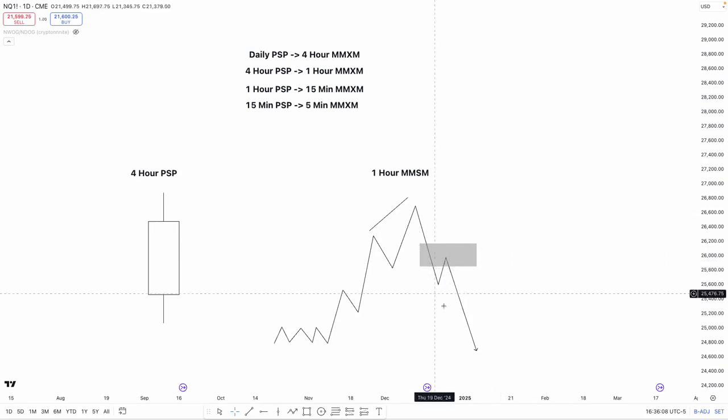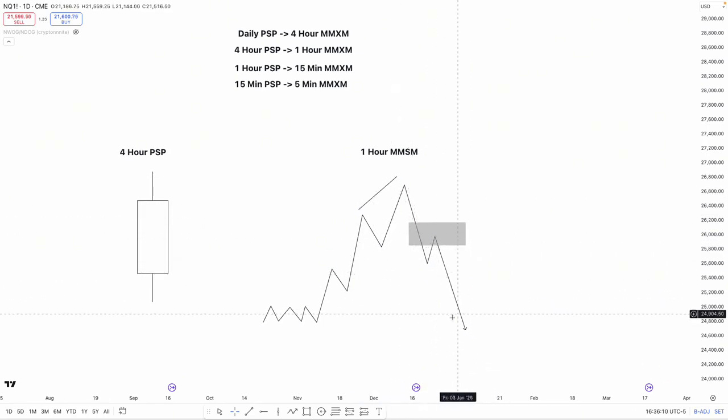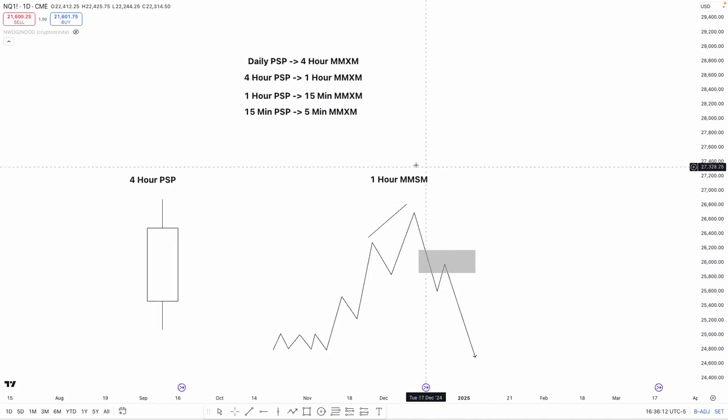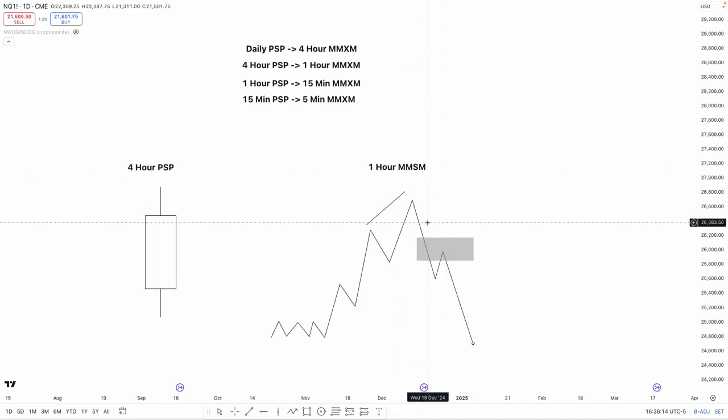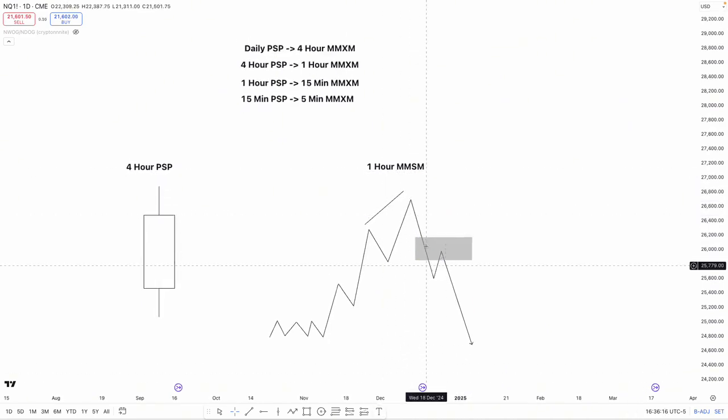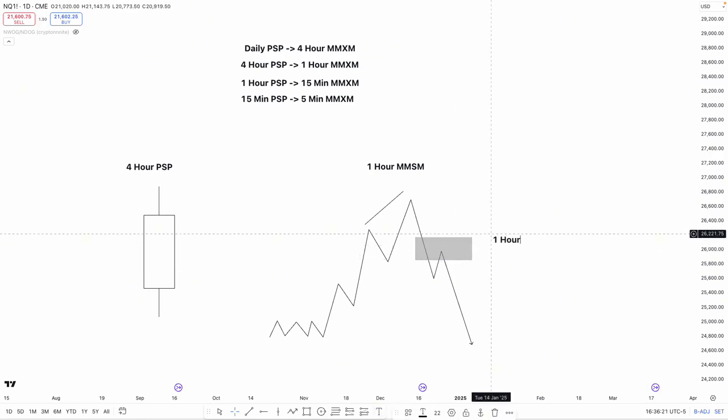We would expect this gap to hold, given that we are now in a market maker sell model. And since this is a 1-hour gap, we'll be using the 5-minute time frame for an entry. 1-hour PDA, 5-minute entry.